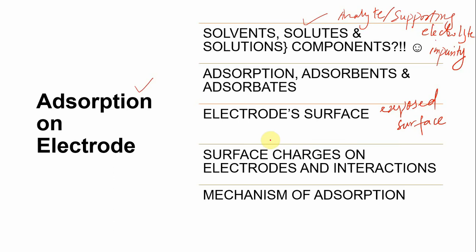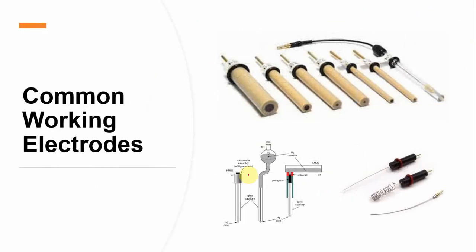Obviously when the electrode is connected to an external power source, the situation will change: a charge will be present on the cathode and the opposite charge will be present on the anode. Those situations will lead to different kinds of interactions and different processes, and we will be interested to know what the possible mechanism of adsorption is that is actually happening.